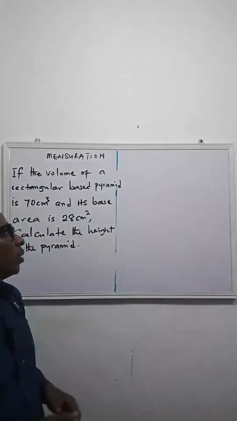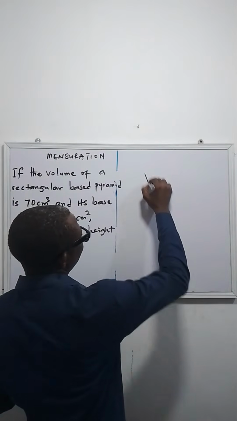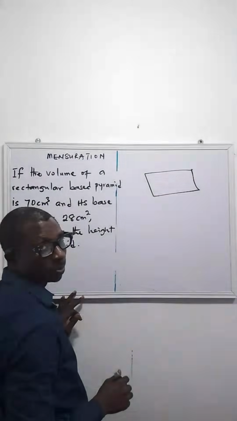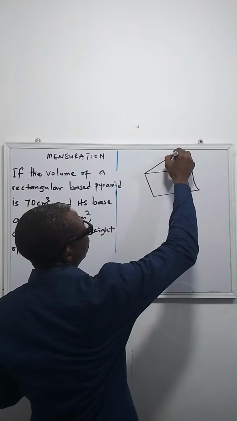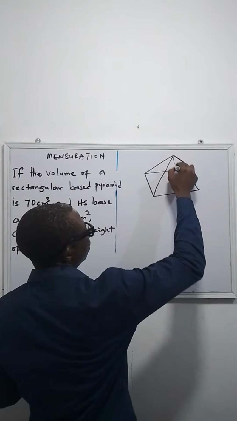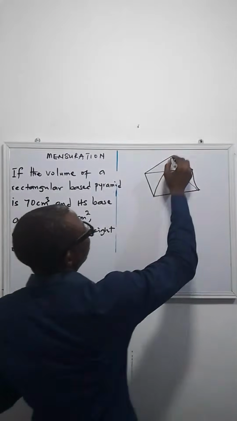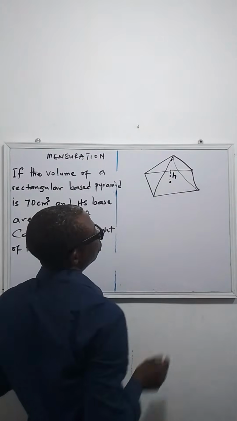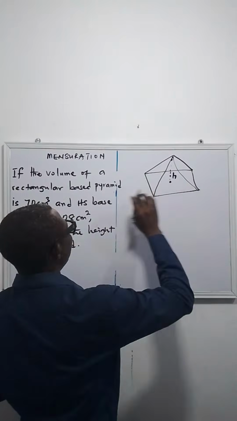All right. Since it's a rectangular based pyramid, it's going to look like this. You have your rectangle, which is the base, and you have it this way. So the height is here. I'll call that h, and the area of this rectangle has been given.